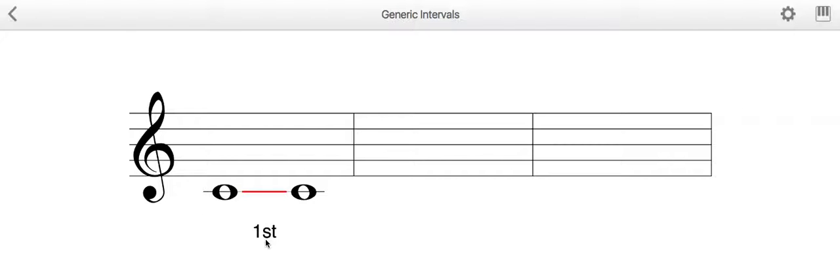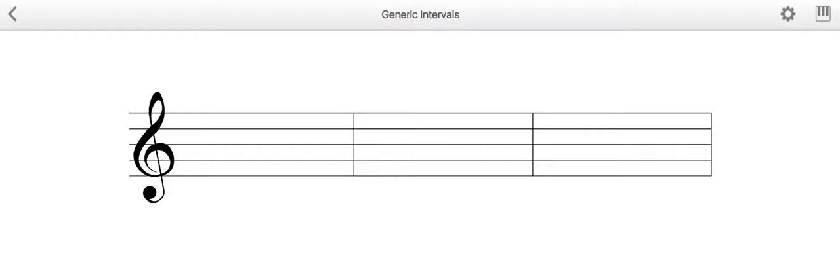And if you're in some British territories, they might call it a prime. So for example, C to C would be a unison or a first. Okay, here we have D to D, also a unison or a first, and E to E, a unison or a first.